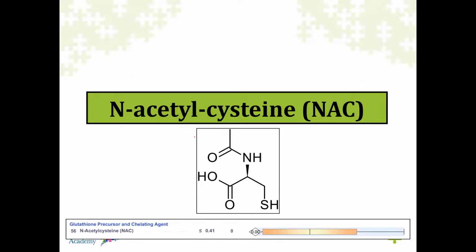Let me say a few things about N-acetylcysteine. On the organic acid test, this is now found under the nutritional marker section. There's a marker for N-acetylcysteine, and it's actually fairly common to see levels that show up as zeros on the test. A lot of people interpret that as meaning you're totally deficient in N-acetylcysteine.